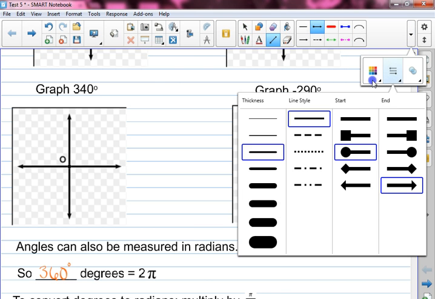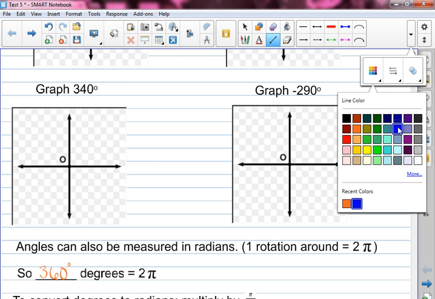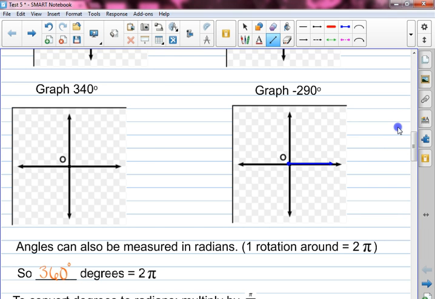Now I'm going to graph negative 290. I think it'd be easier to see if it was a different color. All right, so this one's negative. Remember, negative goes clockwise. So this time I'm going this way. So I'm going 290 degrees. This is negative 90 degrees. I still have more to go. This is negative 180 degrees. I still have more to go.